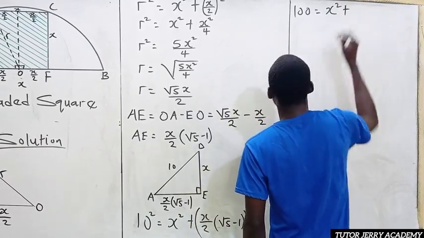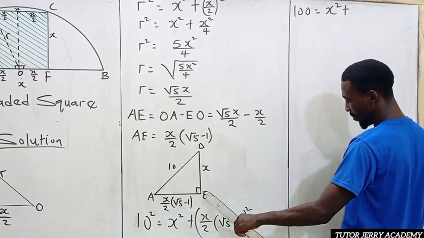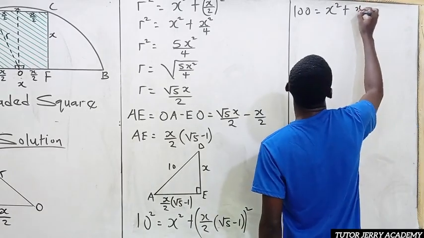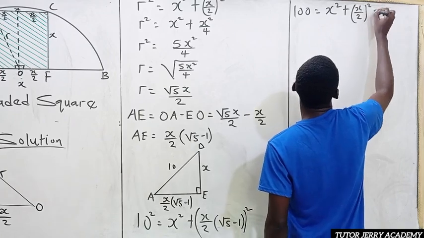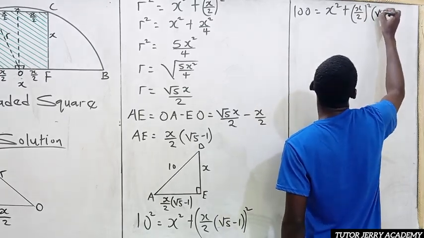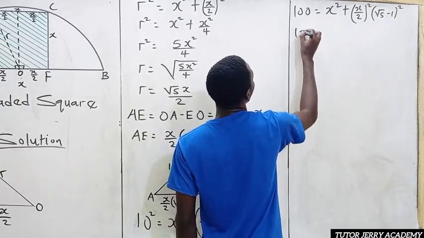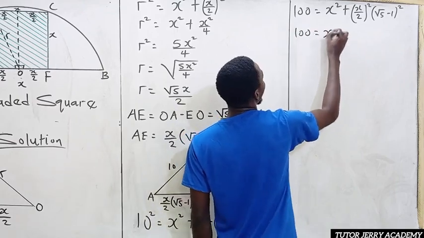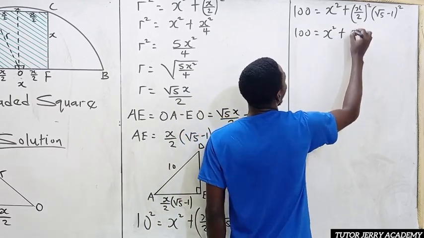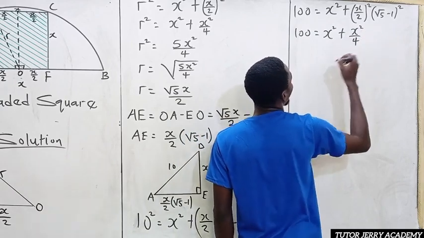plus, we are going to distribute the square for them. So here we have x all over 2 all square into root 5 minus 1 all square. So 100 is equal to s squared plus s squared all over 4.